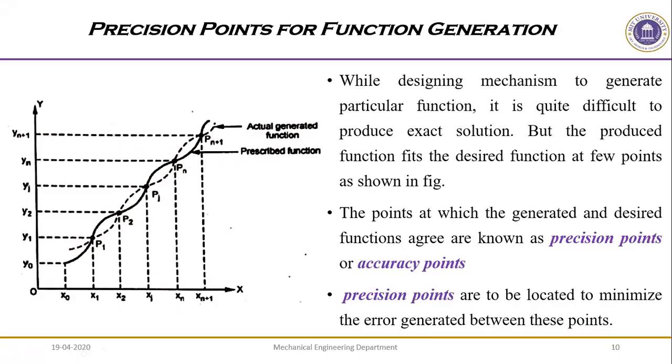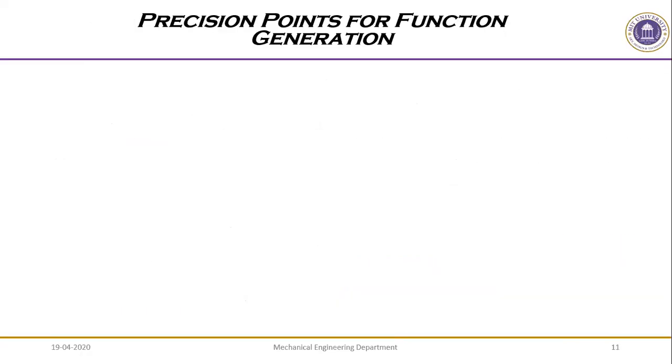Precision points are to be located in order to minimize the error between the points. I have explained that mechanical error is there as well as structural error. In order to minimize these errors, we have to synthesize a mechanism in such a way that it passes through the maximum number of points in between the given specified space, or we can say the range.